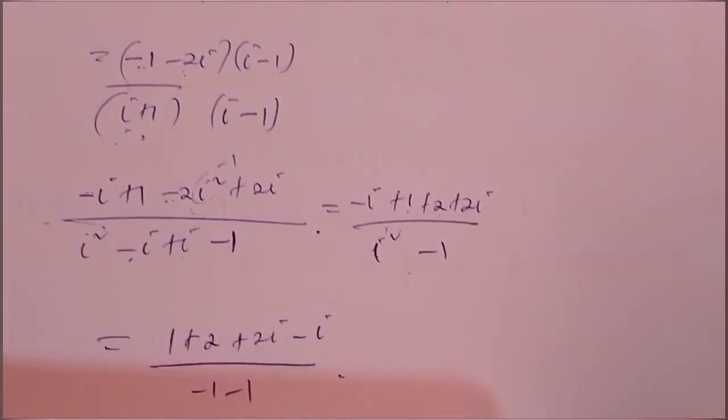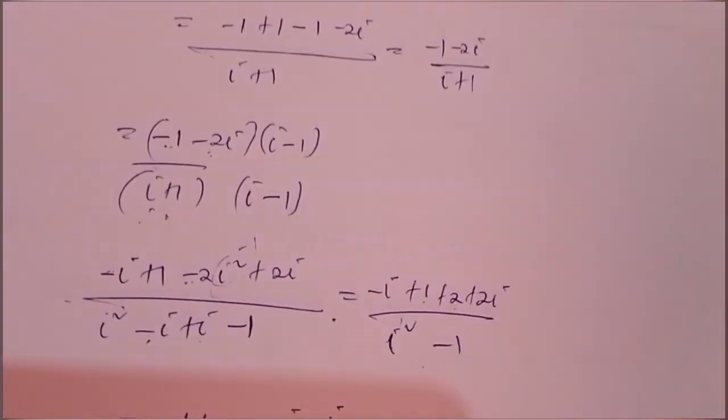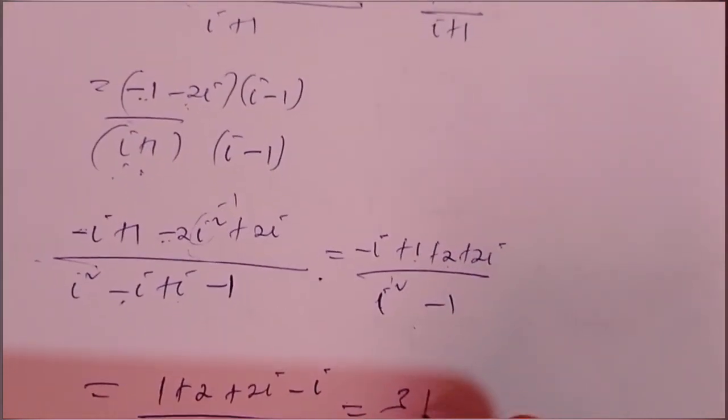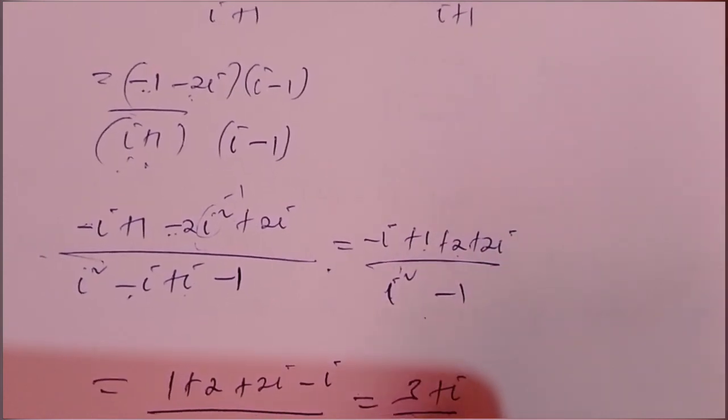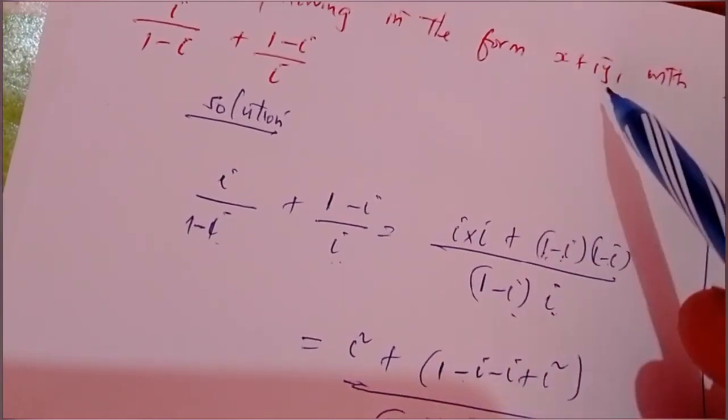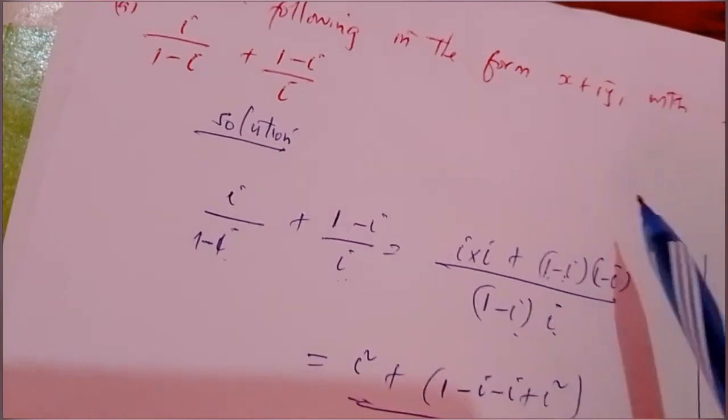Are we there? So it becomes 3 plus i over negative 2. And remember, you have been asked to express this in the form x plus iy.